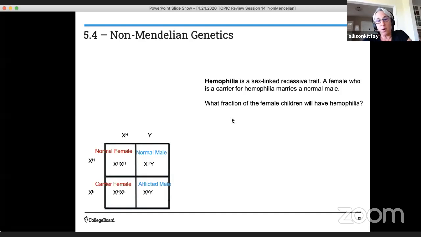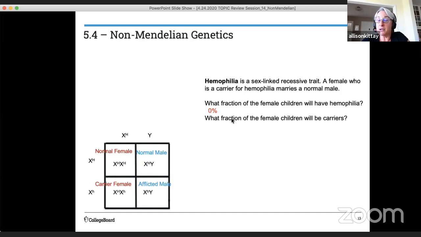So you might be asked, what fraction of the female children will have hemophilia? And it's really important to read that question carefully because they're asking about the female children, not the male children, not all the children, but the female children. So how much fraction of the female children? None. 0% will actually have the disease.